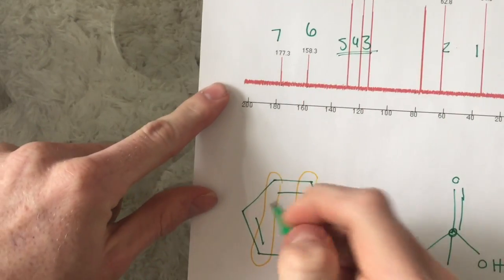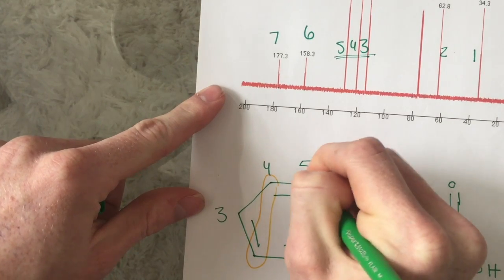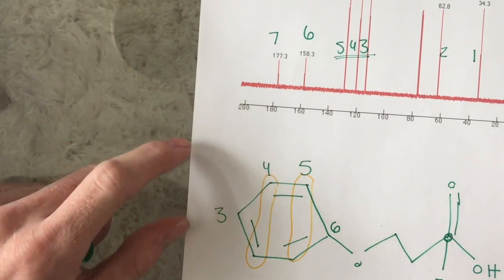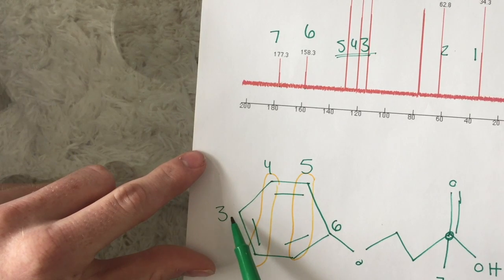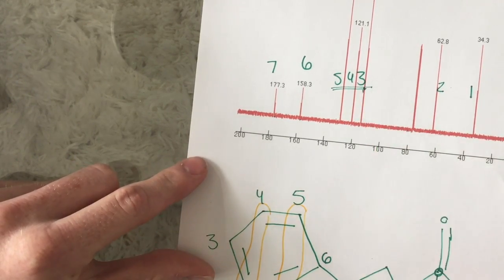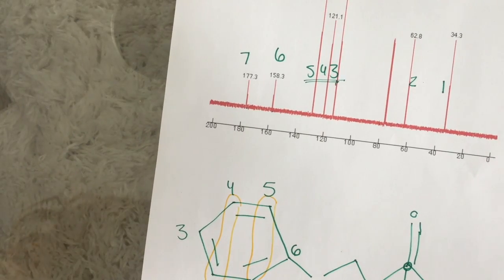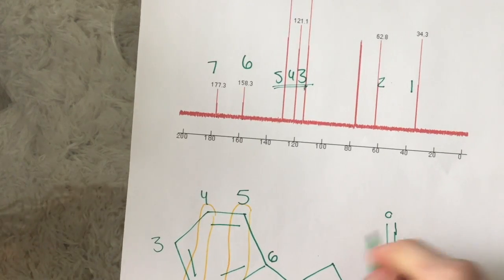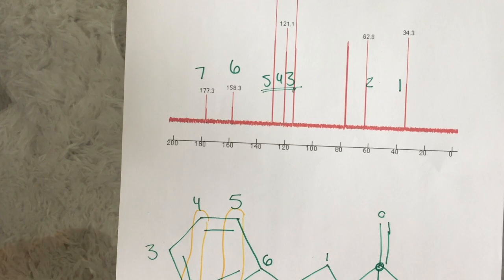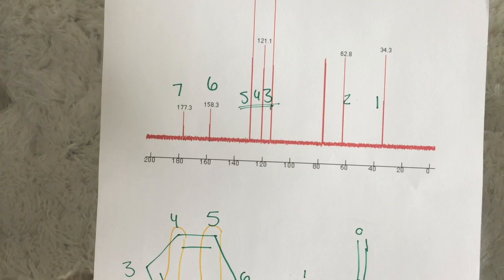So we're going to label this as 3, 4, 5, with 3 being the least de-shielded of the 3, so it's going to be a little bit further right. And that leaves us with these 2 over here, with number 1 being the least de-shielded and number 2 being the second least de-shielded.